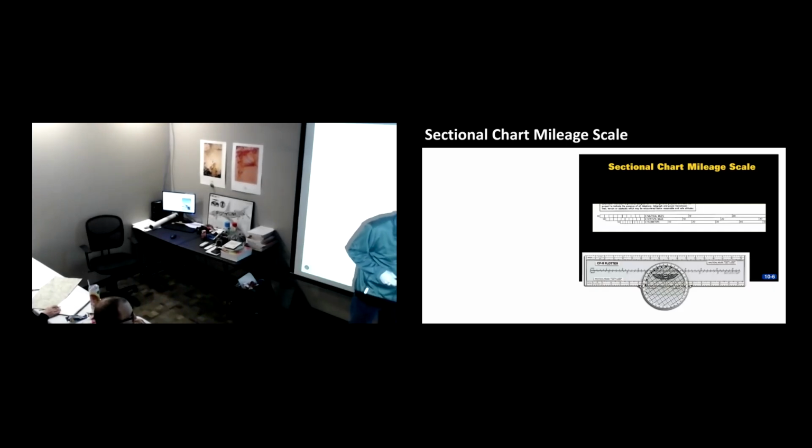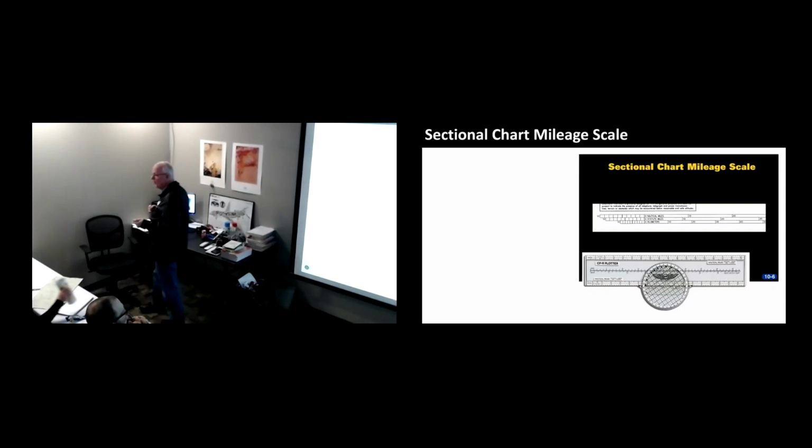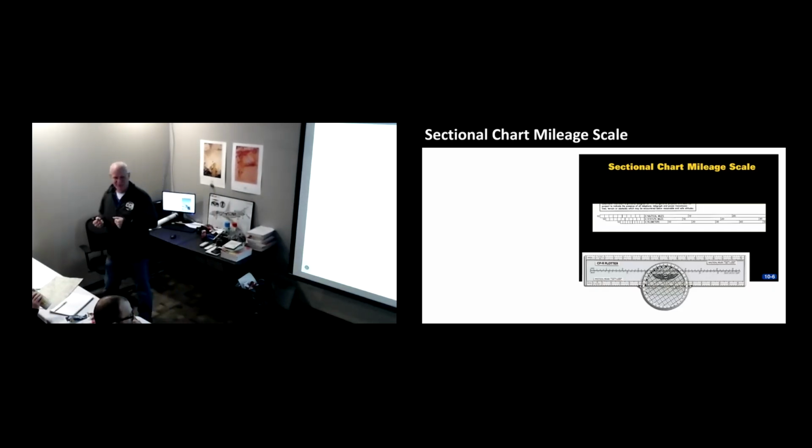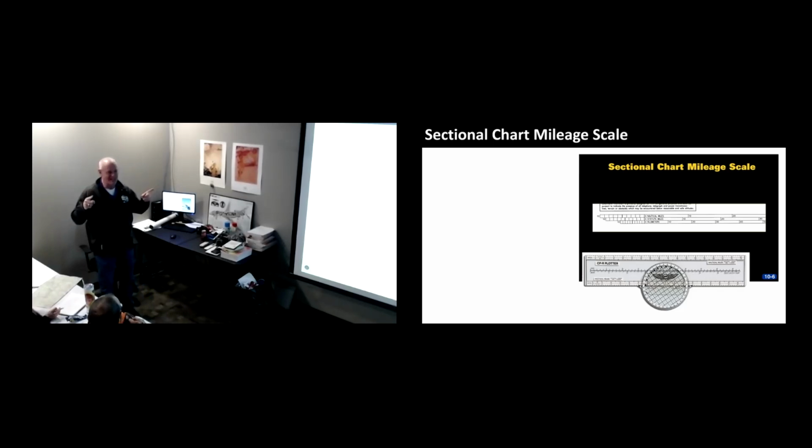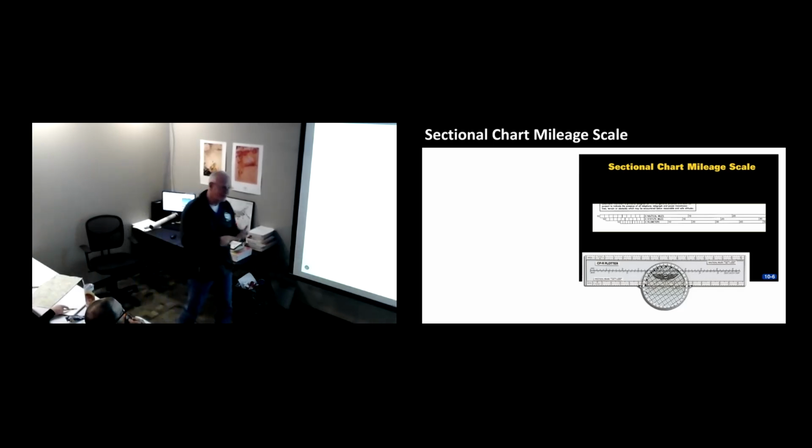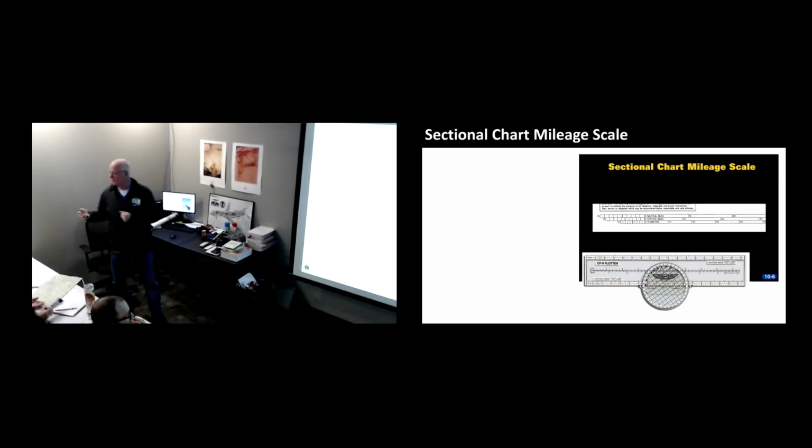It's kind of blurry, but you want to make sure when you're measuring a distance for your calculation, okay, if you're going to use statute miles, then you need to use miles per hour or some other factor instead of nautical miles and knots, right? Just make sure you're using the right scale for whatever calculation and whatever planning you're doing.